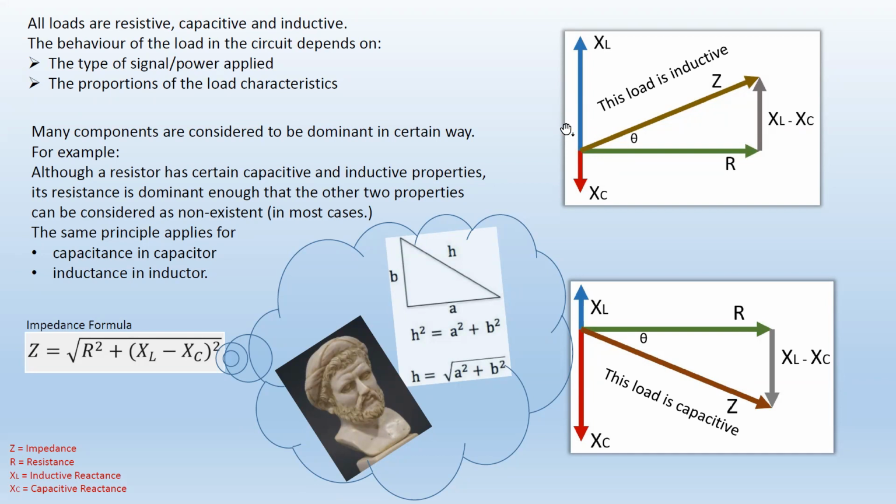So, depending on the values of the components, sometimes you're going to end up with the inductive reactance that is greater in magnitude than the capacitive reactance. And sometimes it's going to be the other way. And the resistance is always going to have the angle of 0.